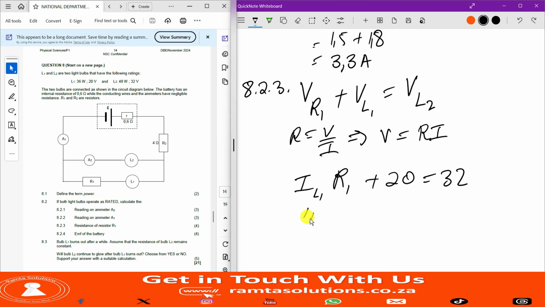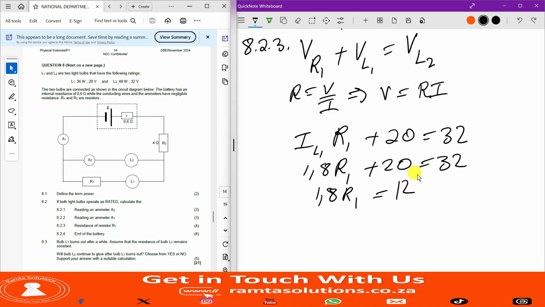So 1.8 times R1 plus 20 equals 32. So 1.8 R1 equals 12 volts. 12 divided by 1.8 is, R1 equals 6.67 ohms.